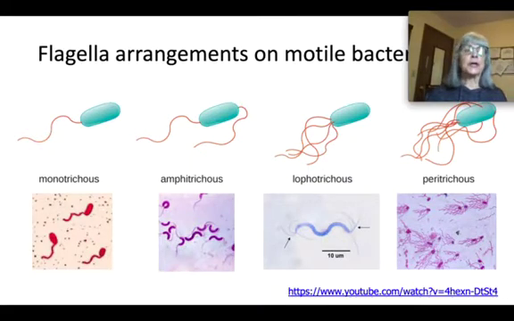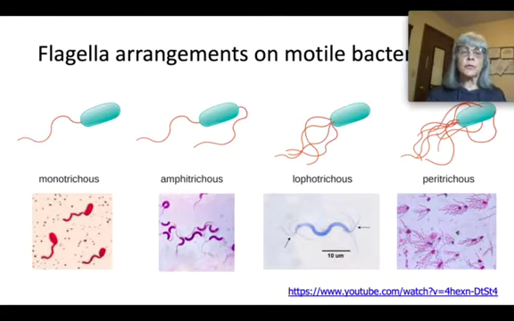So in monotrichous, there is one flagellum, and it's on one end of the bacteria. In your amphitrichous, you've got one flagellum on both ends, or both poles, of the bacteria.